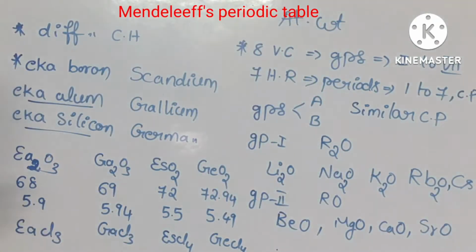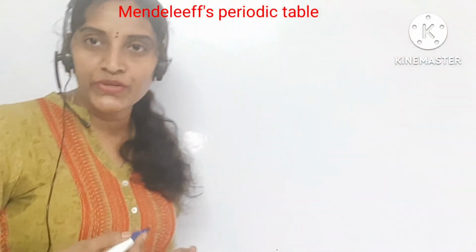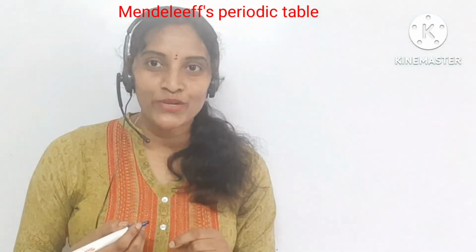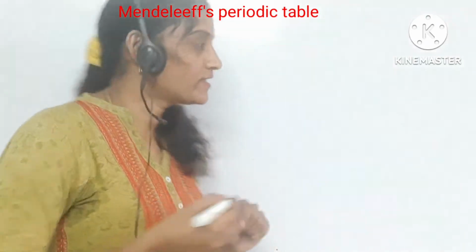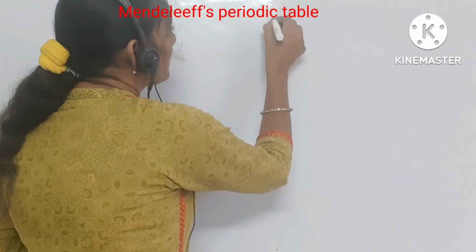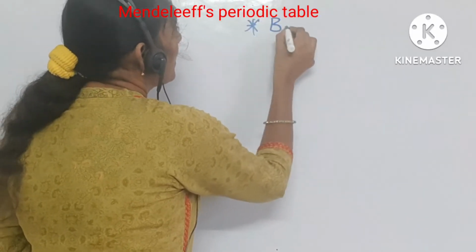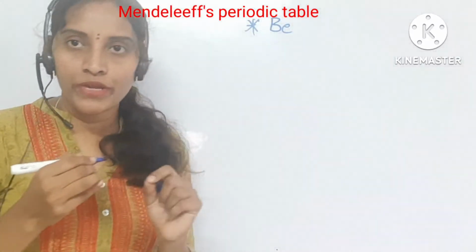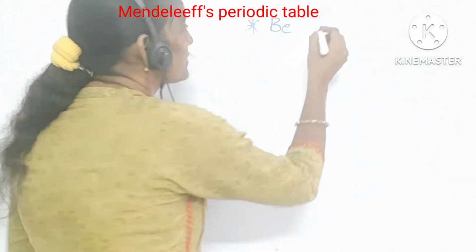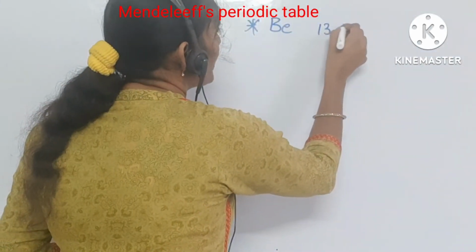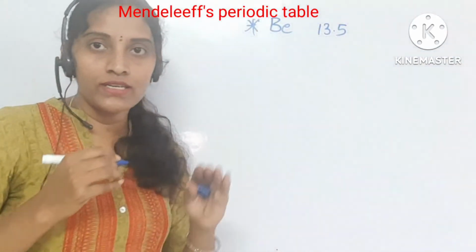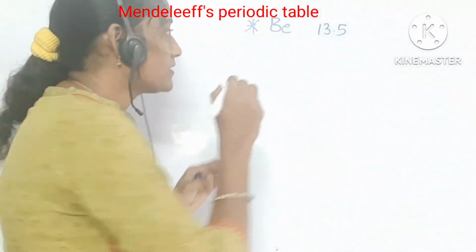Now coming to the next salient feature of Mendeleeff's table, his arrangement helped in the correction of atomic weights of some elements. You can see one example here, beryllium. Actually, beryllium's atomic weight was observed as 13.5, students. How is it 13.5?